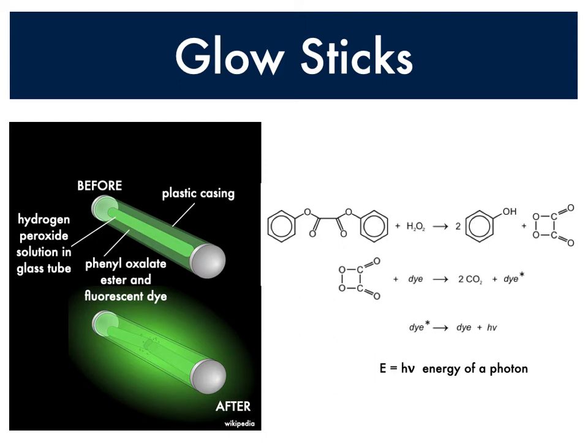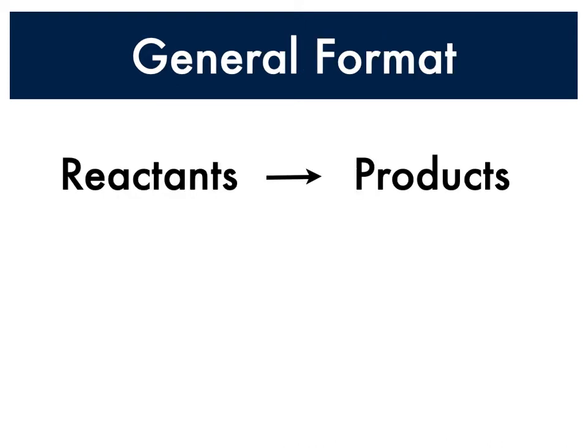You get a glowy situation that you can swing around in the air and make shapes and lights and colors. And they're exceedingly fun. If you don't think glow sticks are fun, I'm a little bit worried about you and your childhood. All right, so that's a fairly complex version of a chemical reaction.